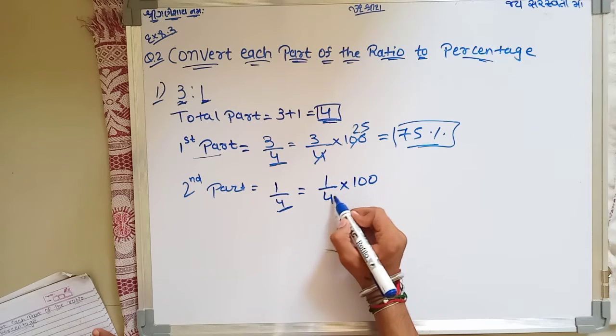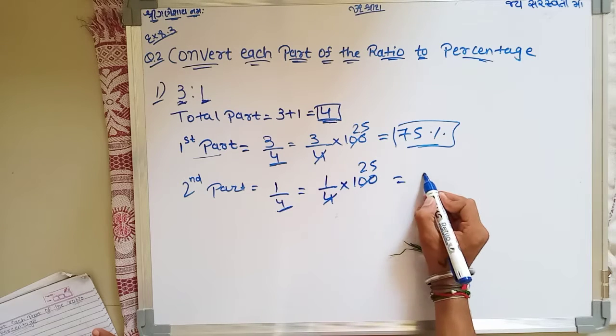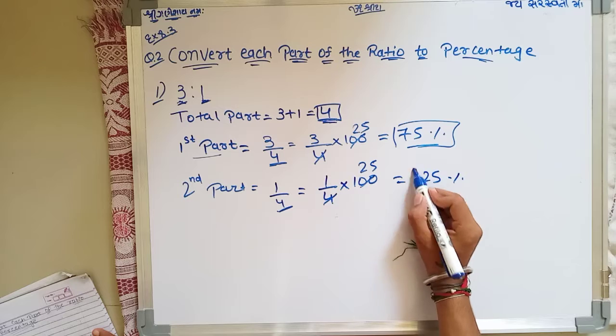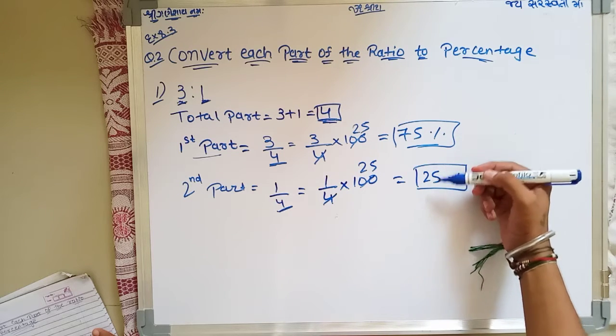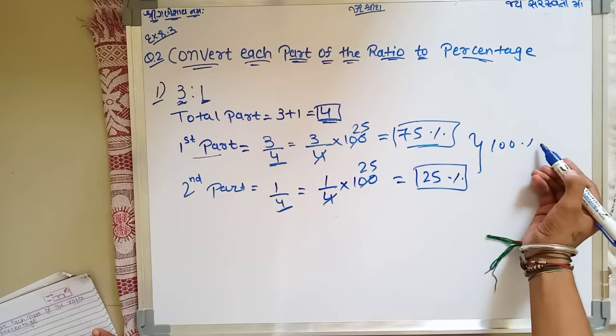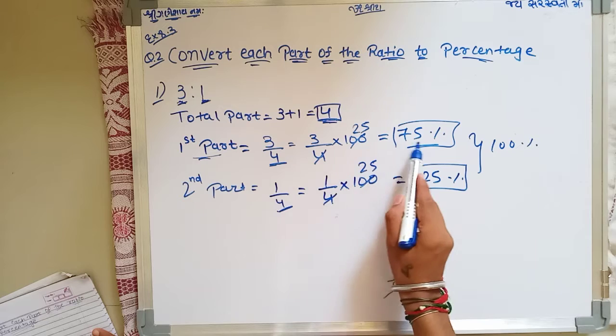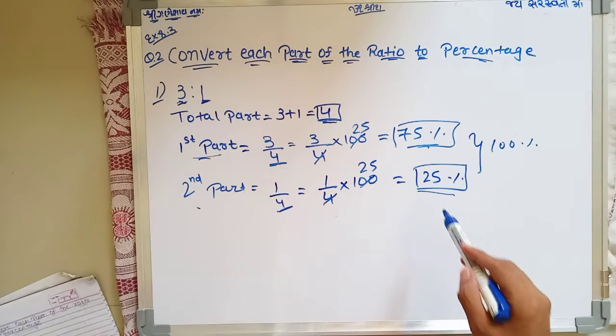Here same, 25 times 4 is 100, so 25%. The second part is 25%. If we add 25 plus 75, we get 100. So the first part is 75% and the second part is 25%. So the total is 100%.